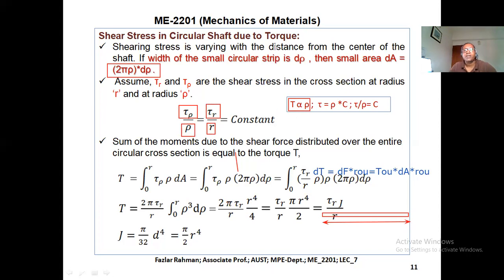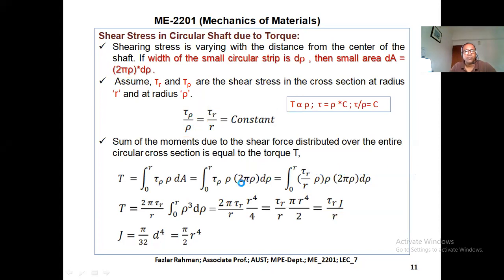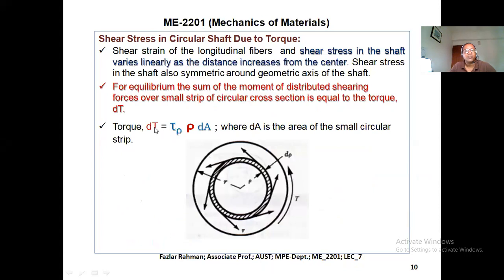Now, in this previous formula, right over here, we can figure out the value of T. How? This dT equals tau rho times rho times dA.